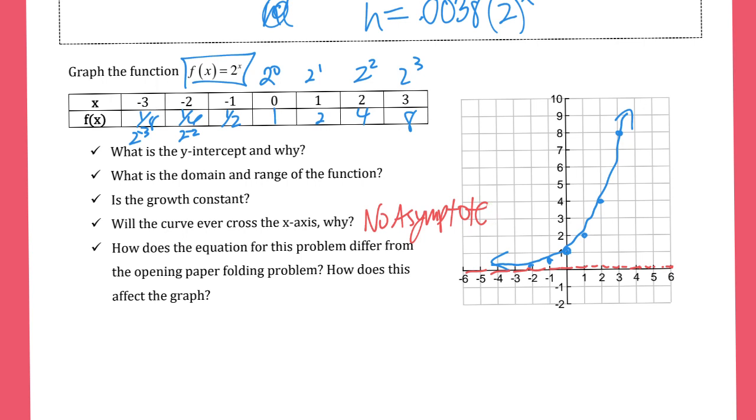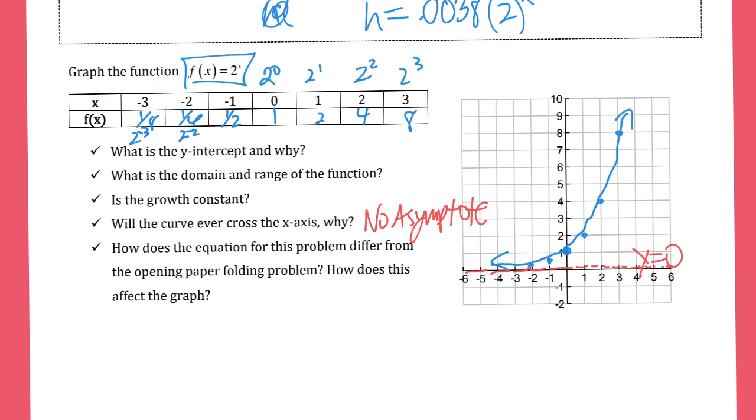There's an asymptote there. And so the asymptote is actually the x-axis, which is the line y equals 0. Okay, that's the asymptote. And so it will get infinitely close the more negative you go, but it's never going to cross that, as long as it's not shifted up or down.